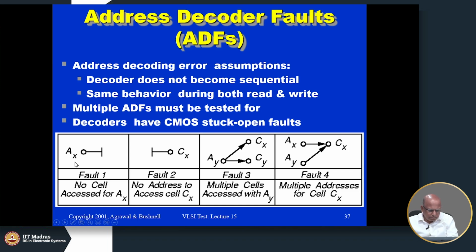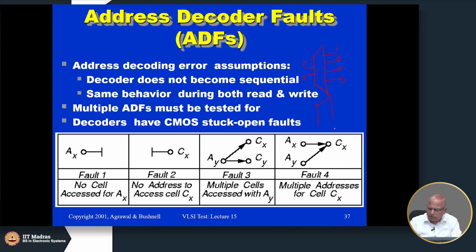So, when I present a particular address, it is possible that the output is open, okay, nothing, all the outputs are 0. So, as a result, none of the cells are getting addressed. See, a good decoder should behave like this, right? Depending on if I decide to select 0 0, then I should get 1 0 0 0.